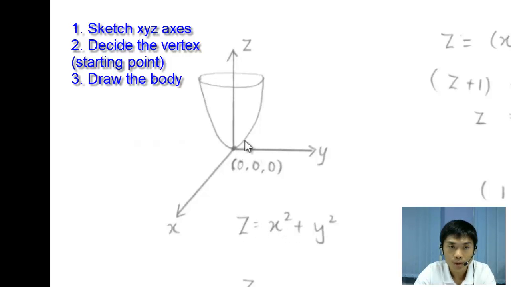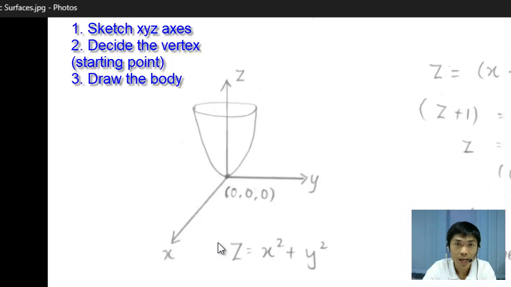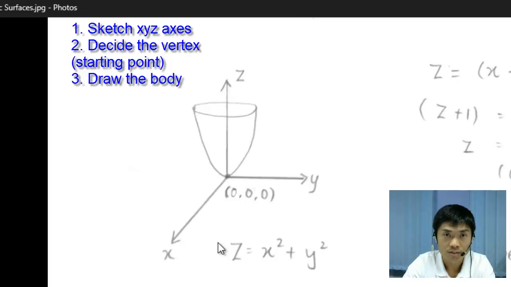And how do we know that the body of the elliptic paraboloid is in such a form? Recall from the previous lesson, the interactive gallery. When you cut across the elliptic paraboloid with a plane of z equals a constant value, what curve would you get? You'll get traces or mesh lines with circles of different radii, right?